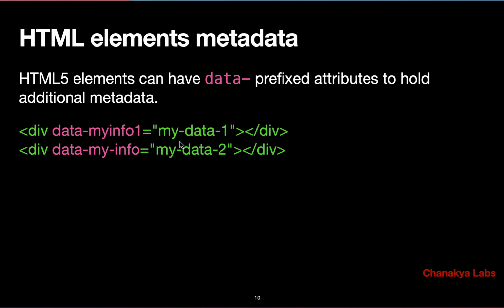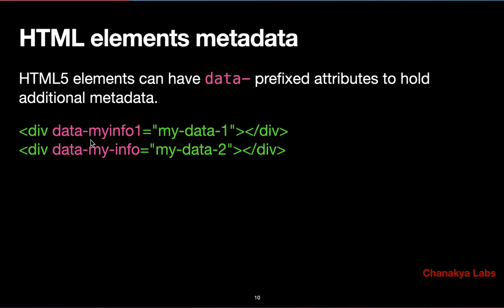what is happening is that, actually, this was not allowed earlier, and many times developers wanted to attach some data, like store some state information in an element, and there was no way. There were some hacky ways.